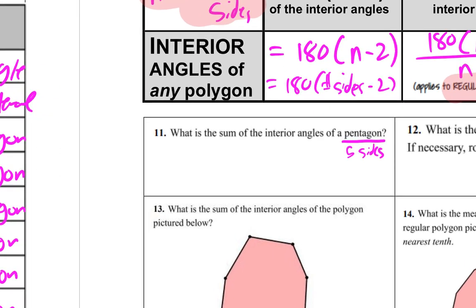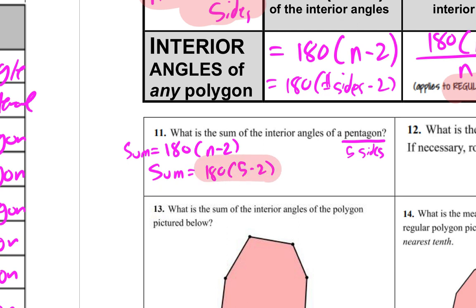So the sum is going to be equal to 180 times the number of sides, 5, minus 2. If we put this into our calculator, that is going to give us the answer of 540 degrees. All we have to do is put that into our calculator, and then we will get that final answer.